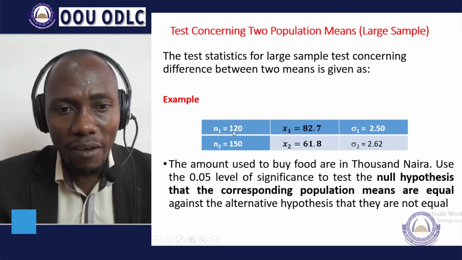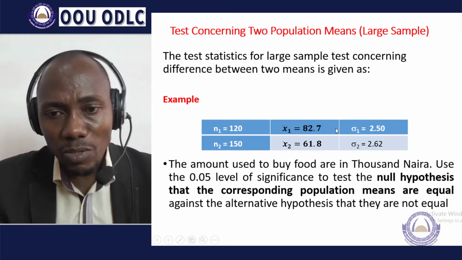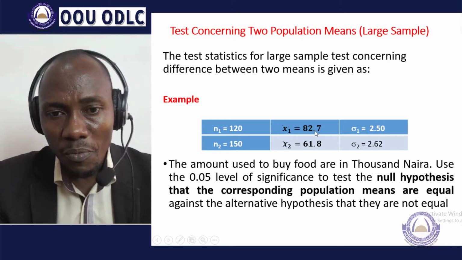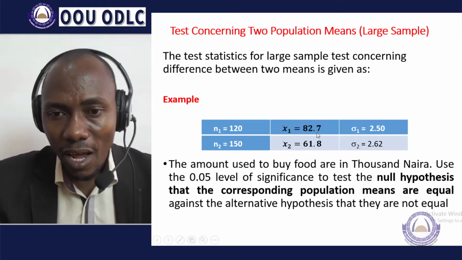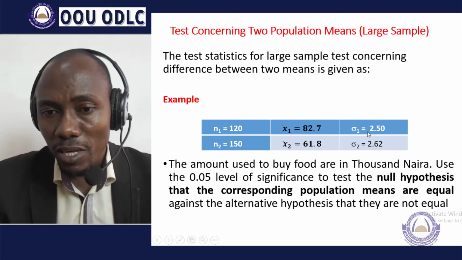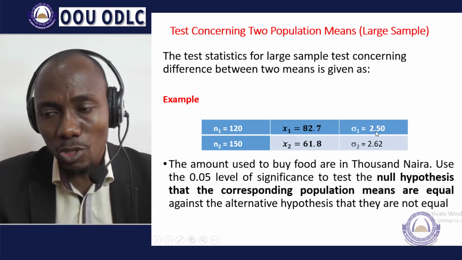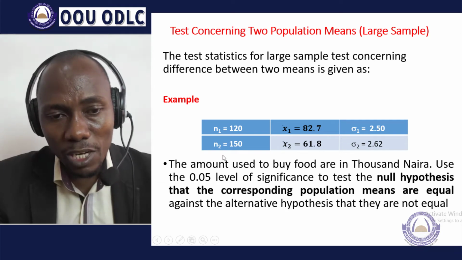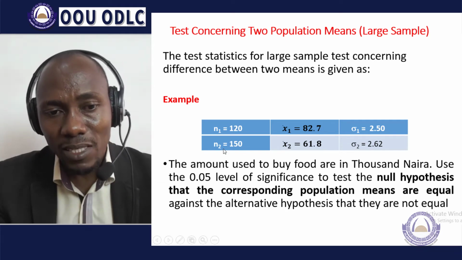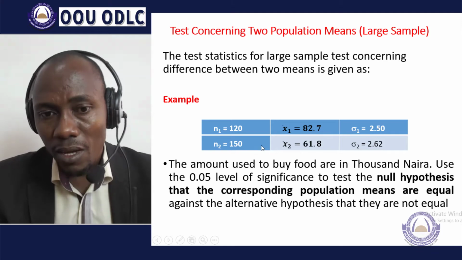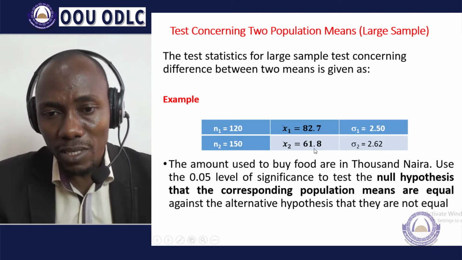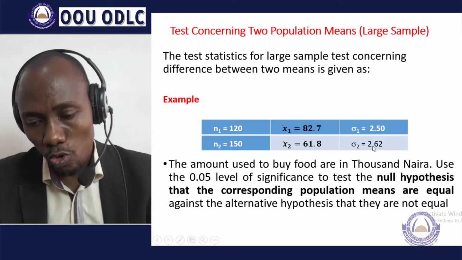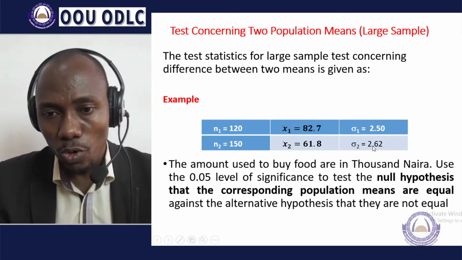And in the table, we have been given that for the first population, the sample size is 120, the sample mean is 82.7, and the population standard deviation is 2.5. In the second population, we have been given that the corresponding sample size is 150, the sample mean is 61.8, and the corresponding standard deviation is 2.62.